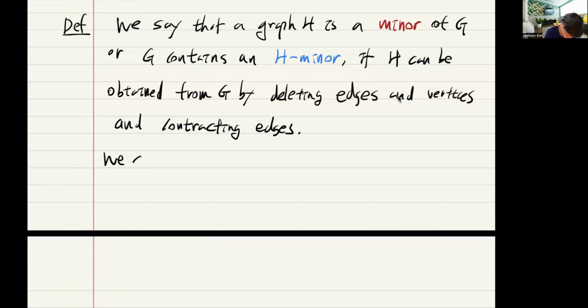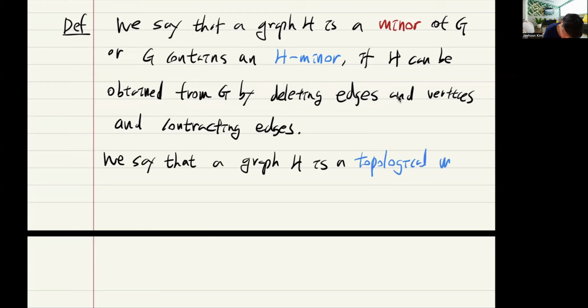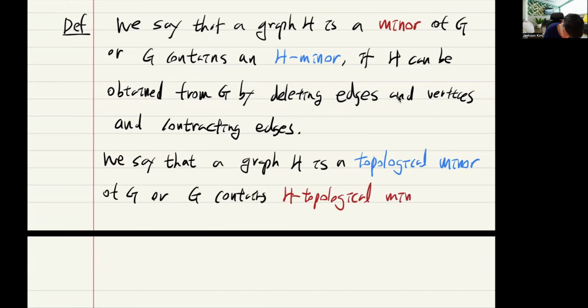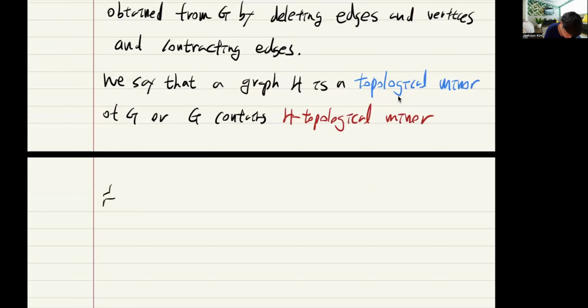Okay, and we say that graph H is a topological minor of G, or we say G contains an H topological minor, if G contains a subdivision of H as a subgraph.